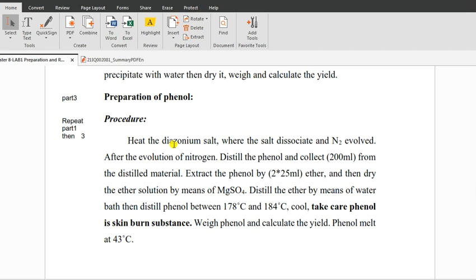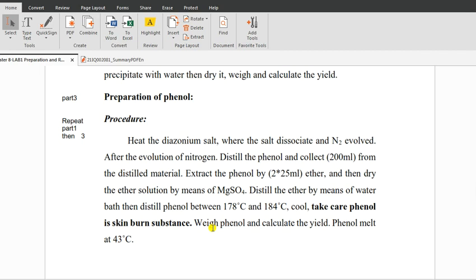We have to distill it, then extract it with ether, dry it with MgSO4, distill it again, weigh the phenol and calculate the yield. This is part 3 for week number 2.